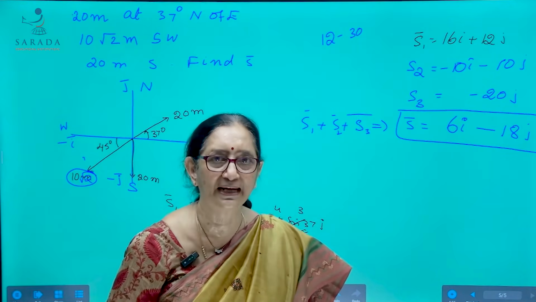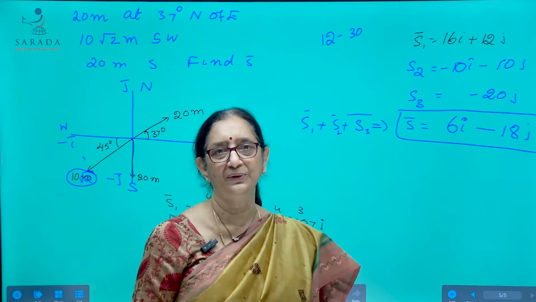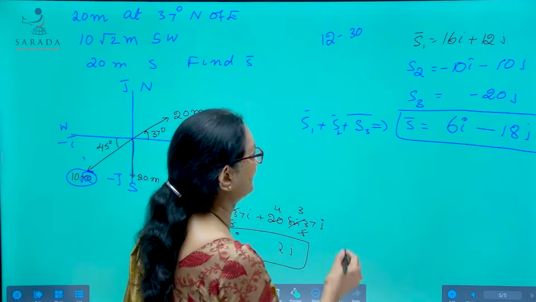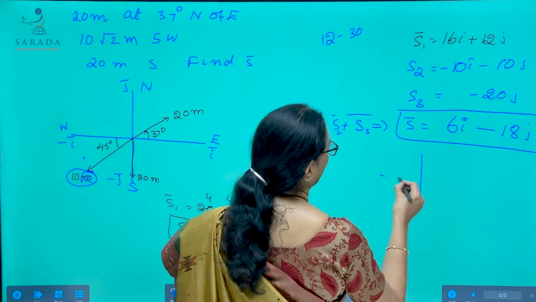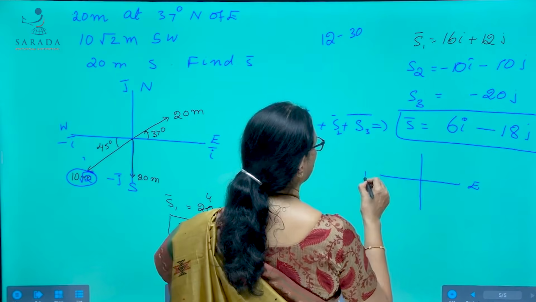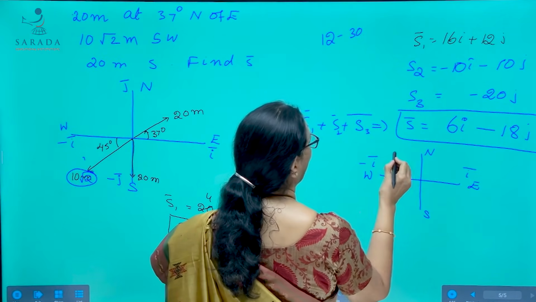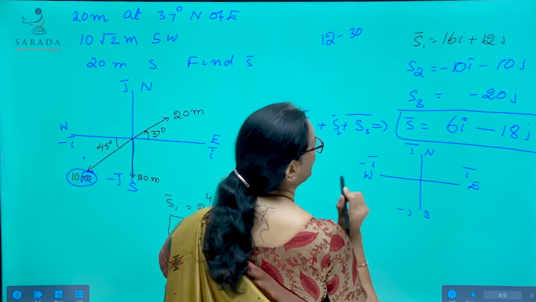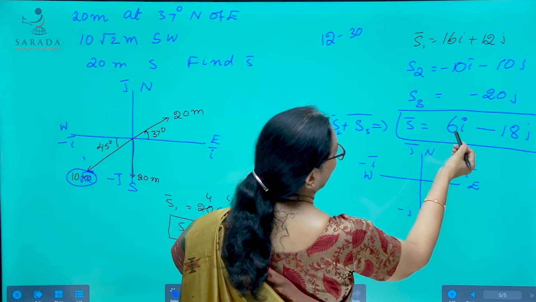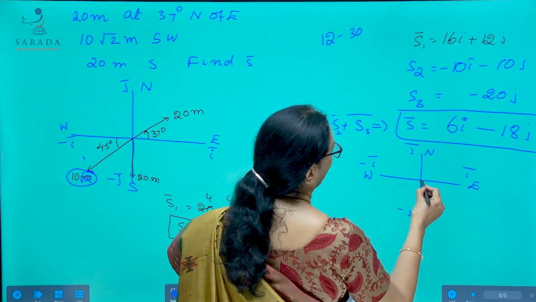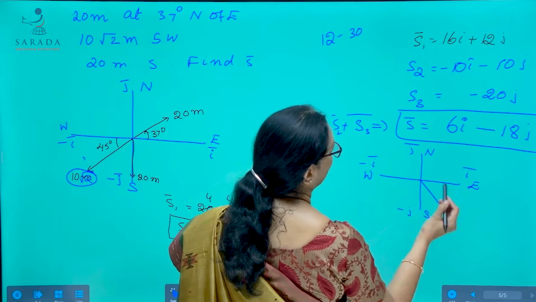Suppose we are asked to find out the magnitude and direction of the resultant displacement. Here, this is east, this is west, north, south, i bar, minus i bar, j bar, minus j bar. X is positive, Y is negative. This is in this quadrant.